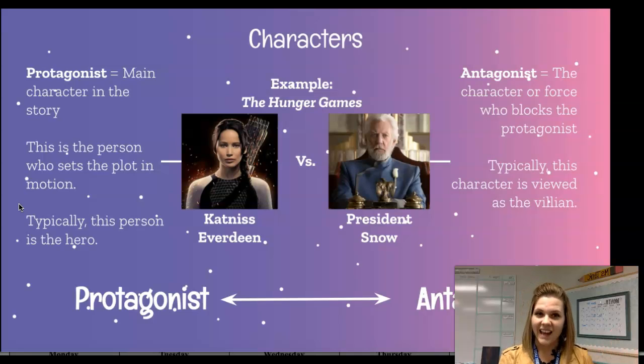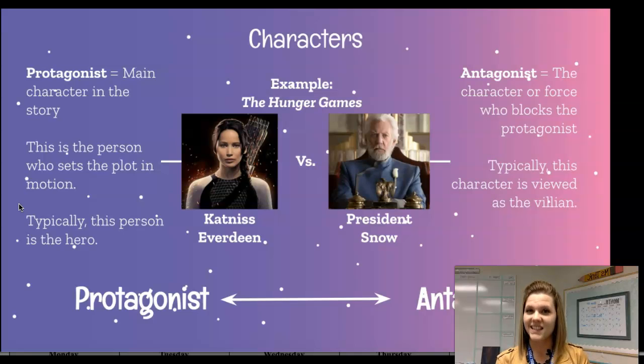Now the antagonist is any character or force who blocks the protagonist. I want to emphasize that word force. An antagonist does not always have to be a living thing. When we talked about our conflict, we talked about character versus nature. A character could be struggling against a natural force in order to survive.